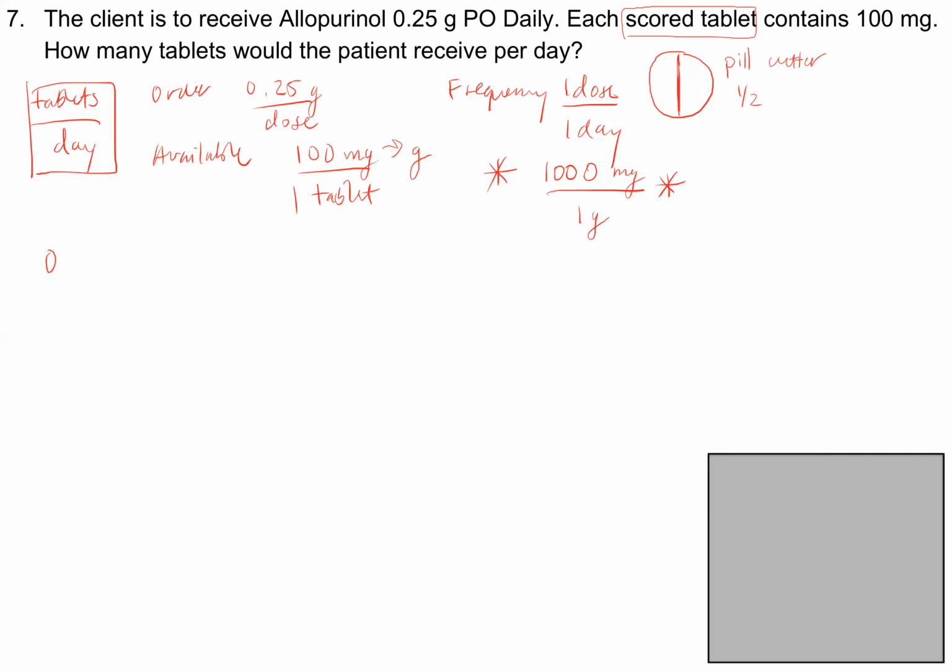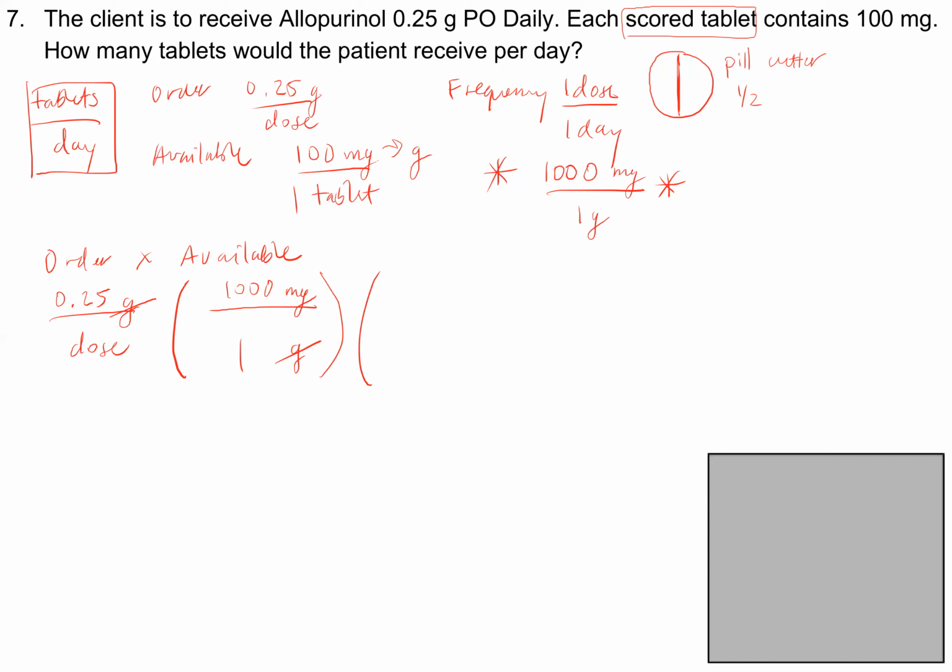So we're going to do order times what's available. So you have 0.25 grams per dose. And the availability of the med. So before we want to have gram units cancel, milligrams in the numerator.